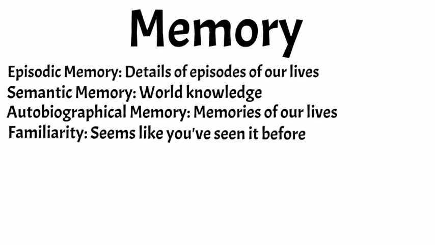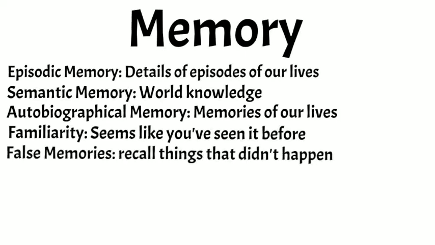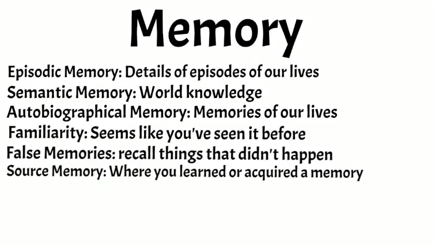So while older adults struggle with episodic memory, they do really well with what's called semantic memory. Semantic memory is the ability to hold on to different details. When recalling events that happened to us, this is also called autobiographical memory.